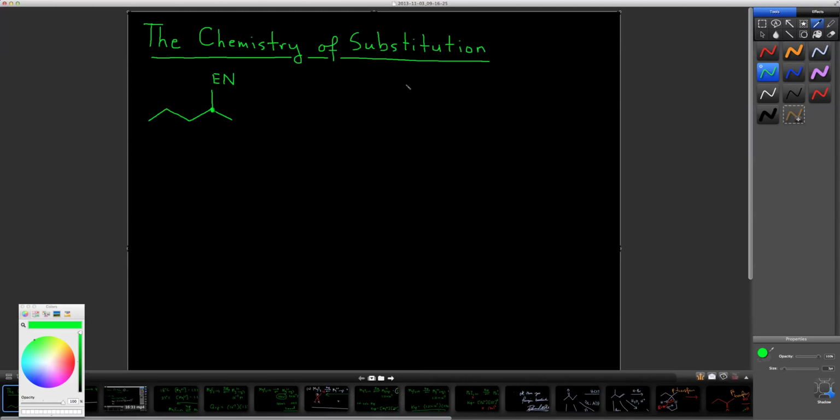So I'm just going to simplify this as En. We will have a nucleophile. The nucleophile may be neutral. The nucleophile may be negatively charged. In this example, I will make it negatively charged. And I will replace the electronegative atom or groups of atoms with the nucleophile by substituting them.